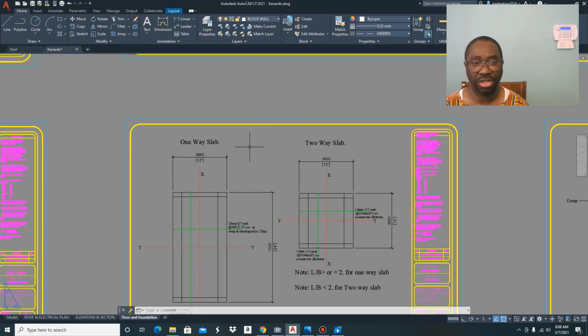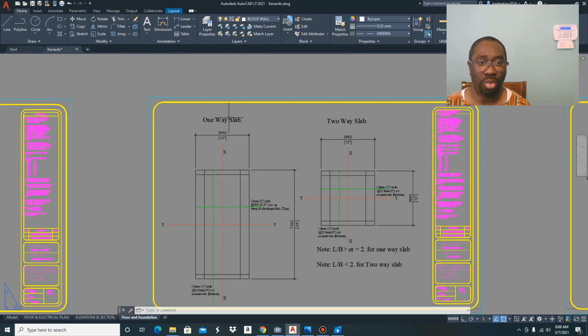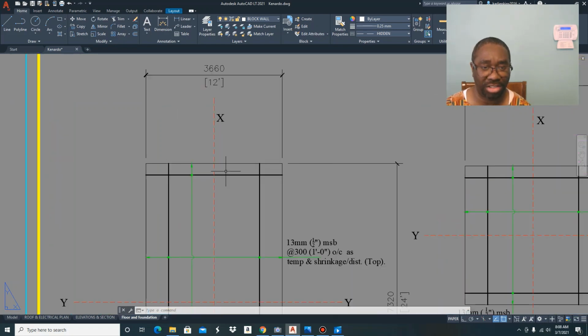We have in our slab, in a building in particular, one-way slab and two-way slab. In a one-way slab, it means that the load distribution is in one direction.